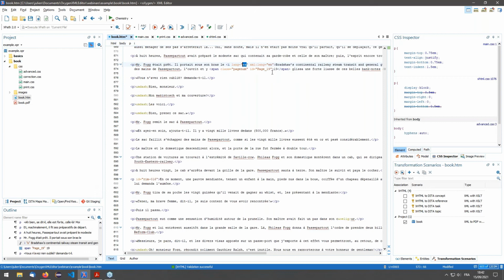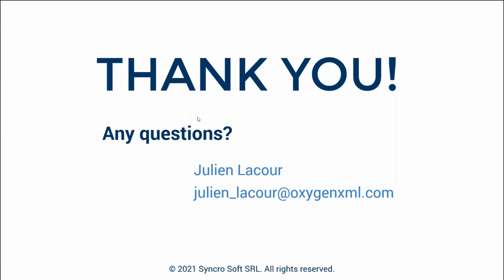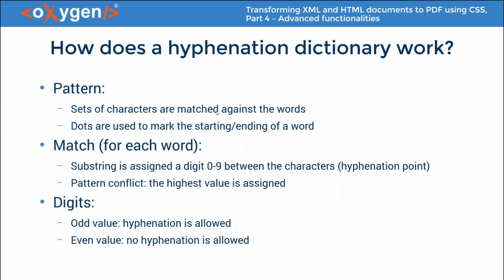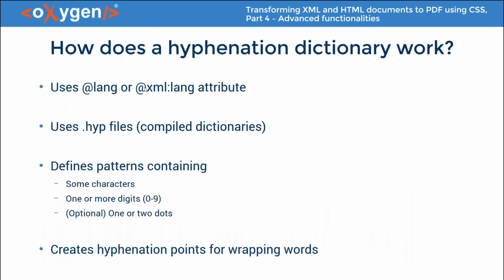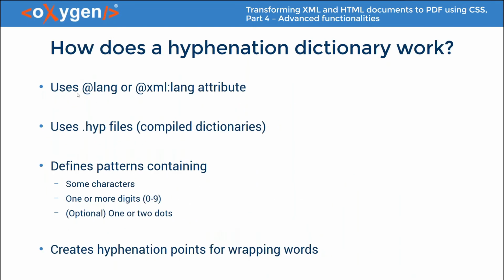So this is how the difference is made. In fact, the dictionaries are loaded using the language set on the node. This is what I showed in one of my first examples, saying that the dictionaries are based on the lang attribute or the XML lang attribute.